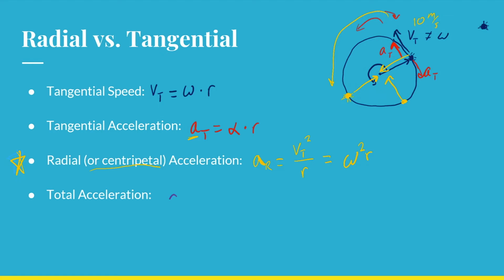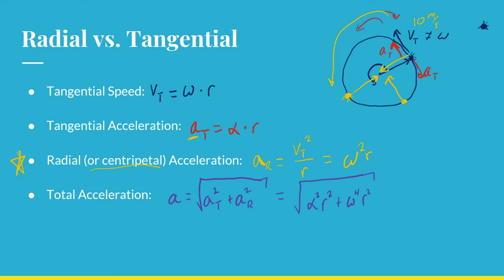So if I just write A, I can use Pythagorean's theorem, and I can do the tangential acceleration squared plus the radial acceleration squared, which, if I plug in my values here, I get alpha squared r squared plus, and if I take this right here, you have to be careful. You have to do it twice. You get omega to the fourth times r squared.